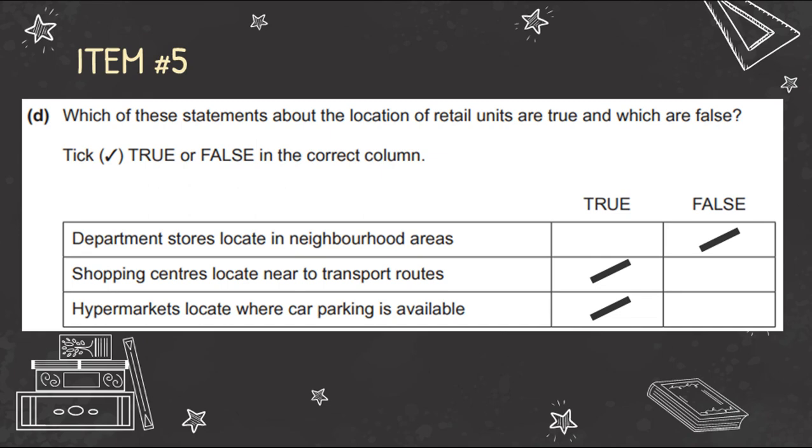Third item is hypermarkets locate where car parking is available. Always remember, it's true, because car parking is really essential to any shops, especially when it comes to supermarkets and hypermarkets.